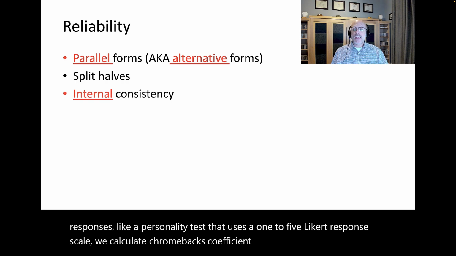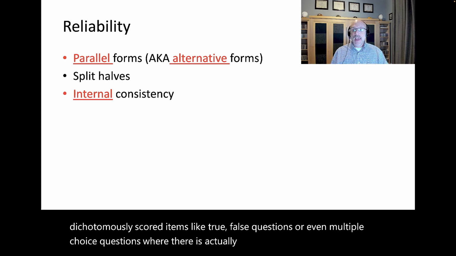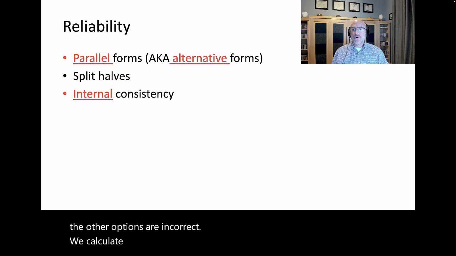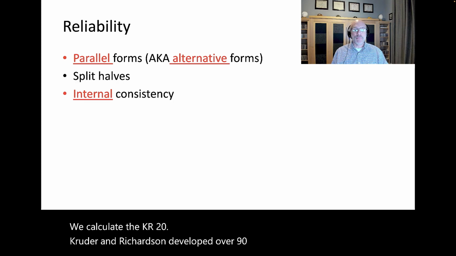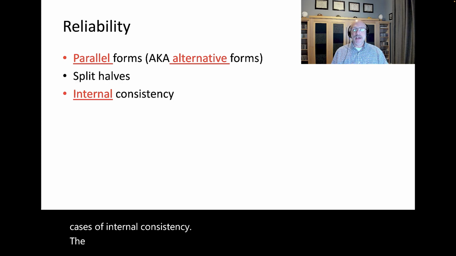For tests with dichotomously scored items like true-false questions, or even multiple choice questions where there is actually only one correct answer and all of the other options are incorrect, we calculate the KR20. Kuder and Richardson developed over 90 different formulae for special cases of internal consistency. The KR20 is for dichotomous items.